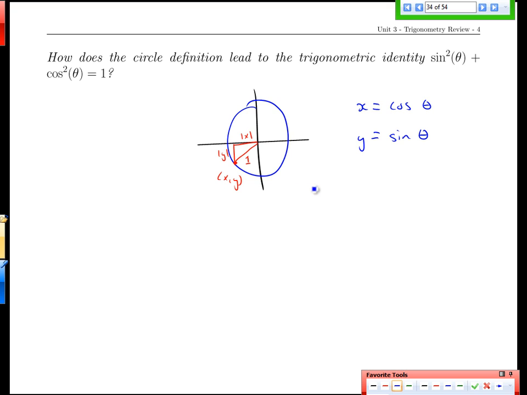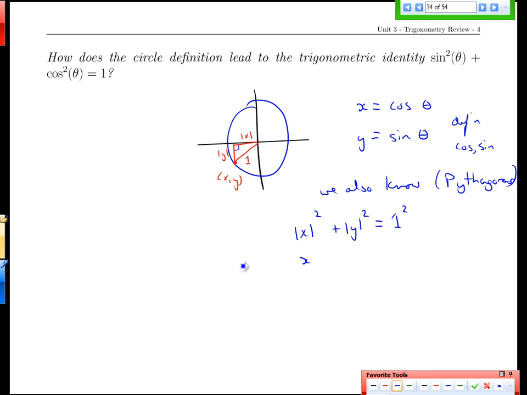If that's the case, from the definition of cos and sine in this particular circular model, we also know from Pythagoras that this is a right angle triangle. So the absolute value of x squared plus the absolute value of y squared will equal 1 squared. Well, we don't really need the absolute values if we're squaring, so we could just say x squared plus y squared equals 1 squared, which is 1.